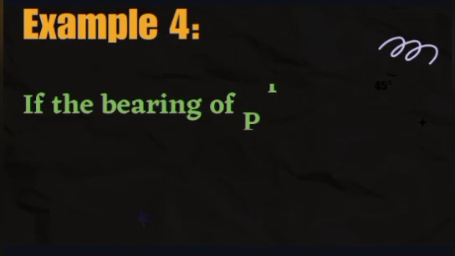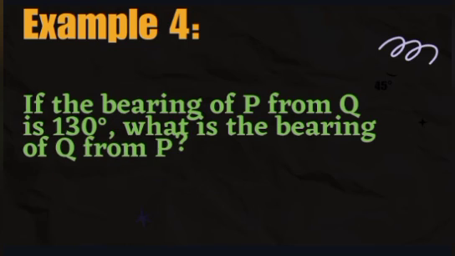Just like in the example we just did, where we were told the bearing of P from Q is 130 degrees, what is the bearing of Q from P? Here the given angle is 130 degrees. And I said if the given angle is less than 180, all you simply have to do is add 180 to it and you will get the corresponding bearing.